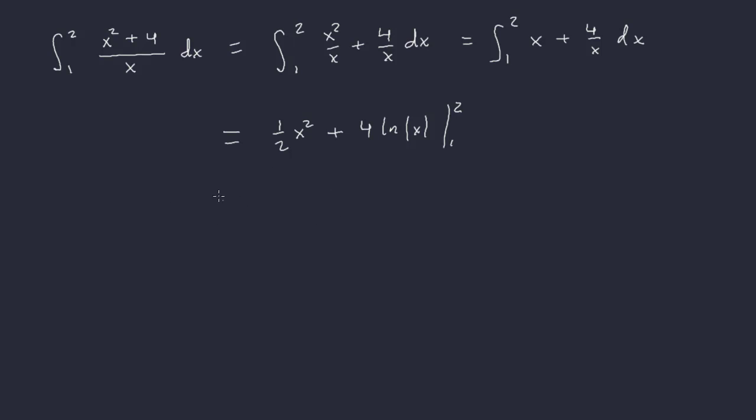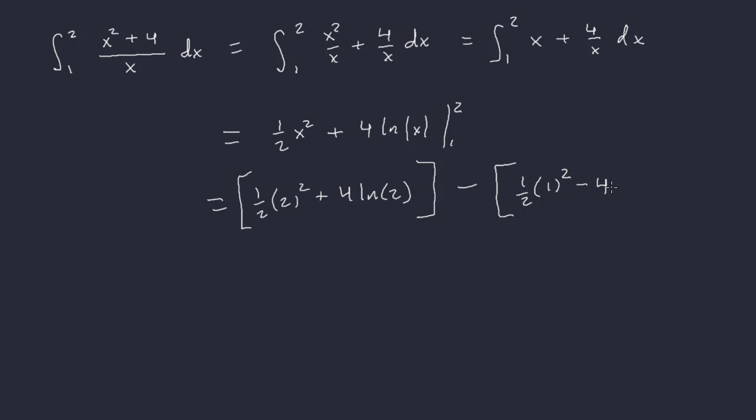Okay, so we're pretty much there now. We're going to plug in our 2, so we get 1/2 times 2 squared plus 4 ln 2. I'm definitely going to drop the absolute value bars there. And then we'll plug in 1. So it'll be 1/2 times 1 squared minus 4 natural log of 1.